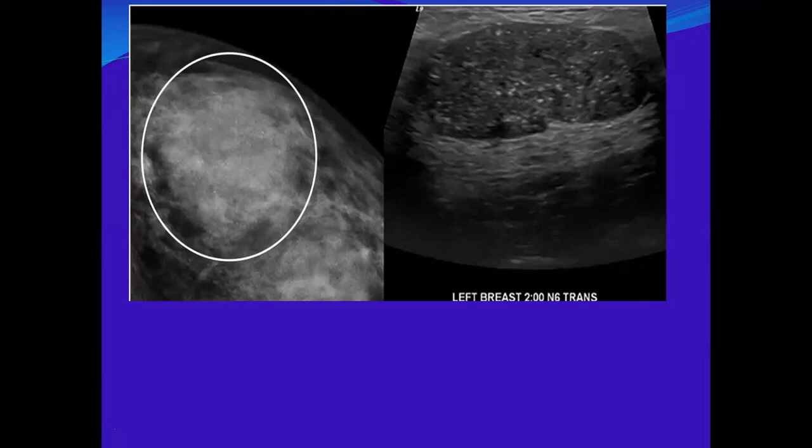It is a circumscribed, partially obscured mass. Yes, there is a faint microcalcification associated. How can you describe this microcalcification? More amorphous. Excellent, well done. It is amorphous microcalcifications.